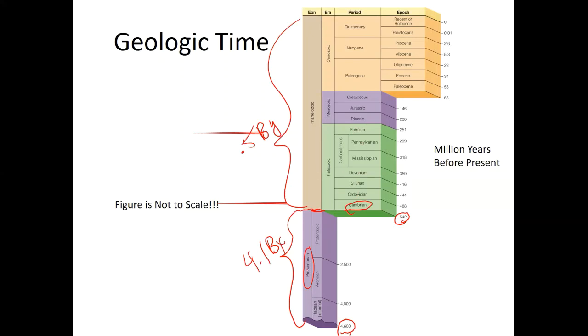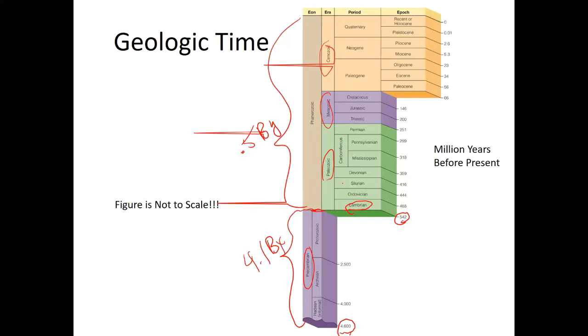But Earth time is separated into eons. We have the Precambrian and the Phanerozoic, and then we have eras. So within the Phanerozoic, we have the Paleozoic era, the Mesozoic era, and the Cenozoic era.